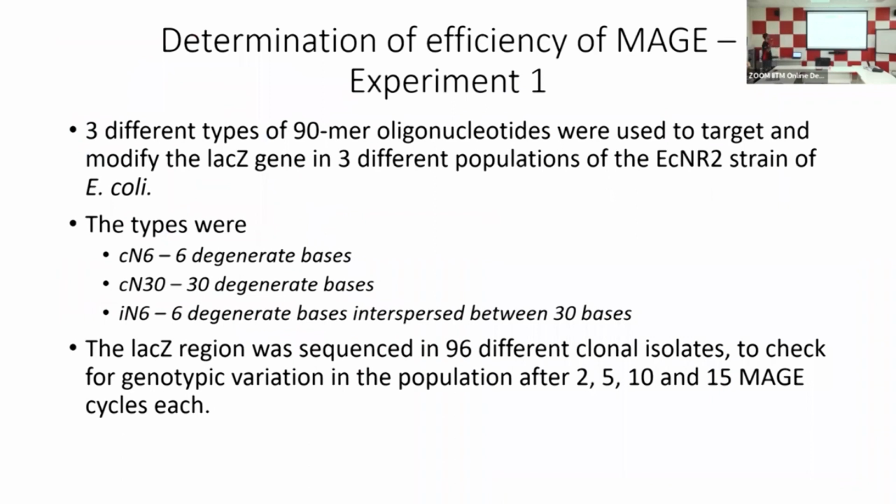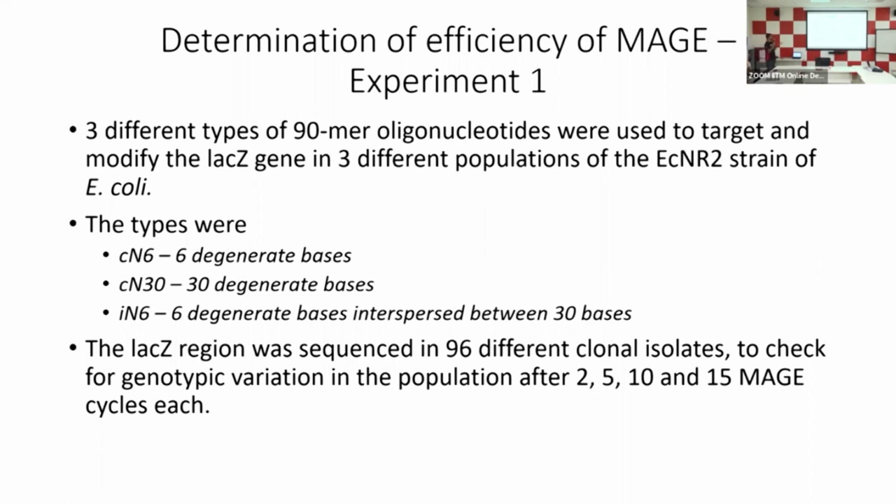Right. So first, determination of the efficiency of MAGE. This is the first experiment elucidated in the paper, in order to determine how efficient MAGE is as a system. For this experiment, three different types of 90-nucleotide-long oligonucleotides were used to target the lacZ gene in different populations of the EcNR2 strain of E. coli.